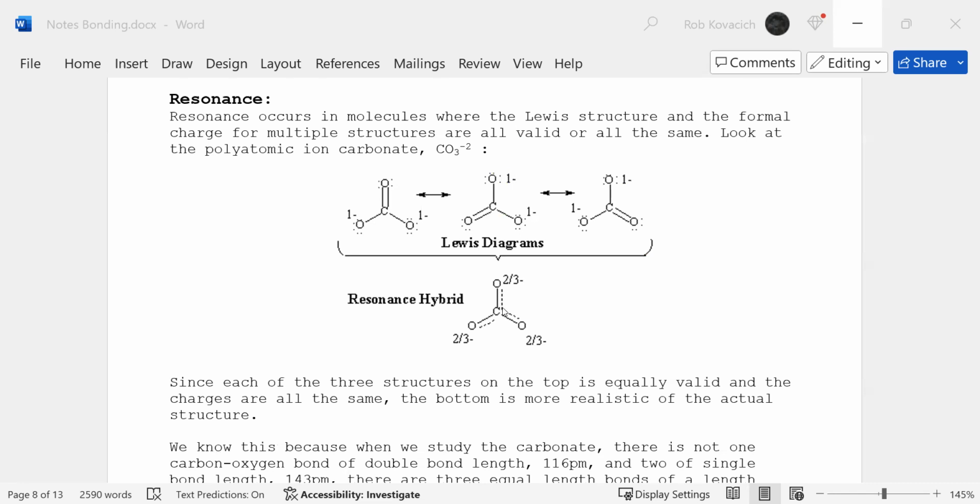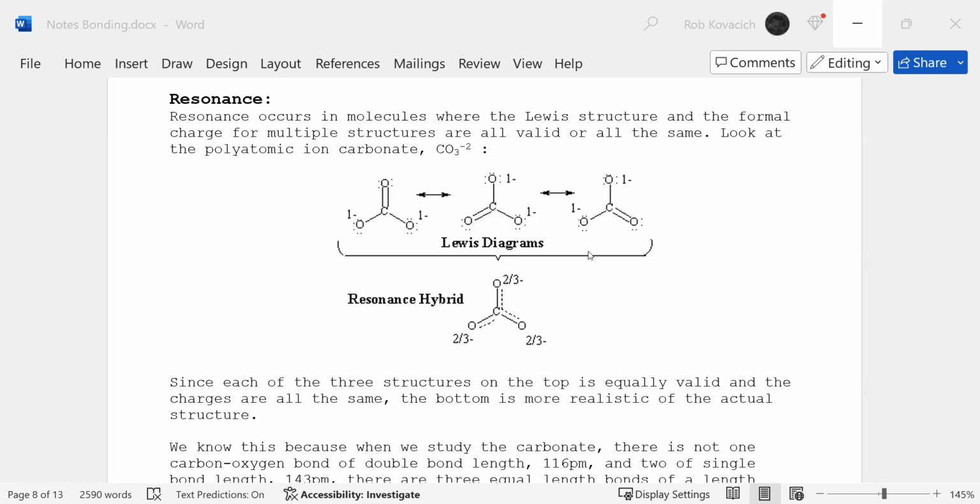Those 2 electrons are sometimes there, but sometimes they're here and sometimes they're here. And so you take these formal charges of -1 and -1, so the -2 charge, and we distribute it over the 3 oxygens. And so each of them ends up only having 2/3 of a charge, which is less than a -1 charge.